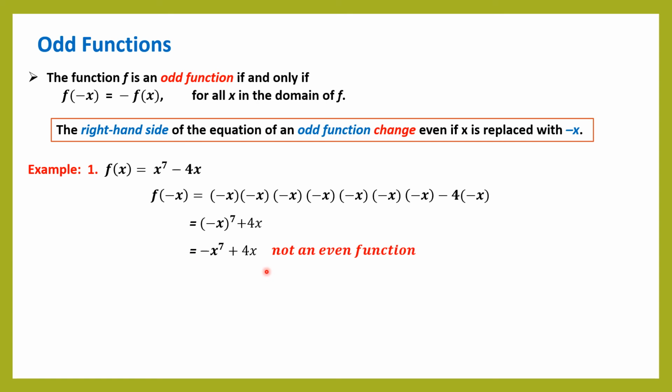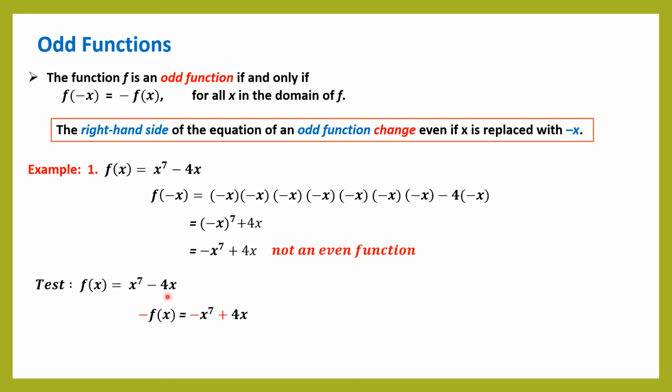Itetest natin siya sa odd function. So, paano natin itetest sa odd function? Let us use yung ating original function. And then, mag-change tayo ng signs ng ating original function. Lahat ng sign ay i-change natin. So, that is negative f of x is equal to negative x raised to the 7th power, kasi positive siya dito, gagawin na natin negative.